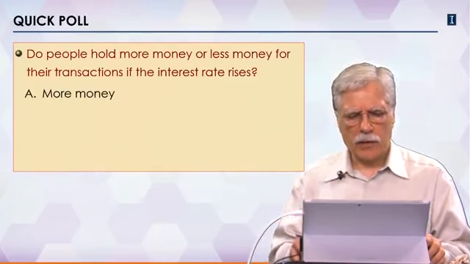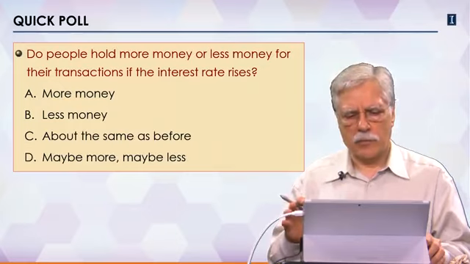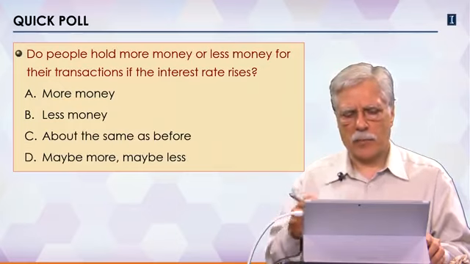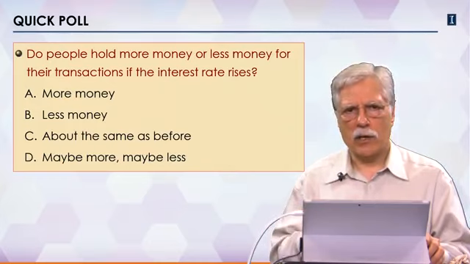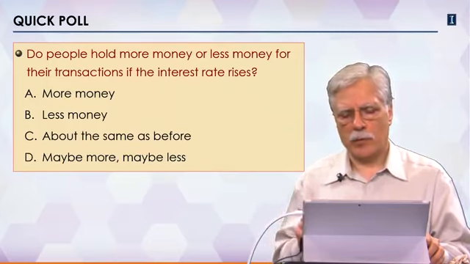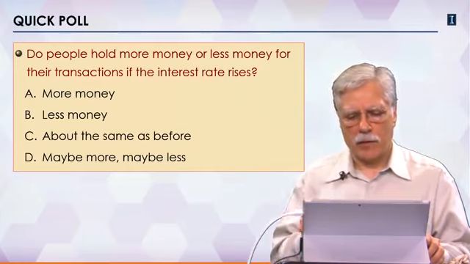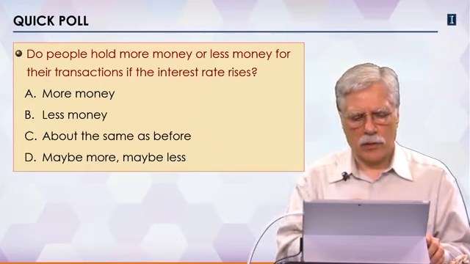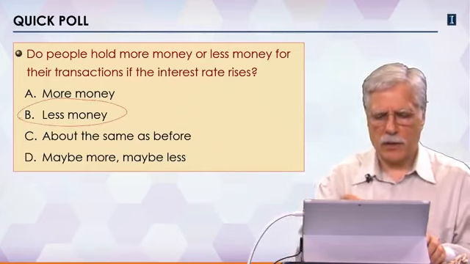Finally, let's check this. If the interest rate rises, what happens to the demand for money? People hold more money, less money, about the same, or maybe more, maybe less. The answer to this one is different, less money.